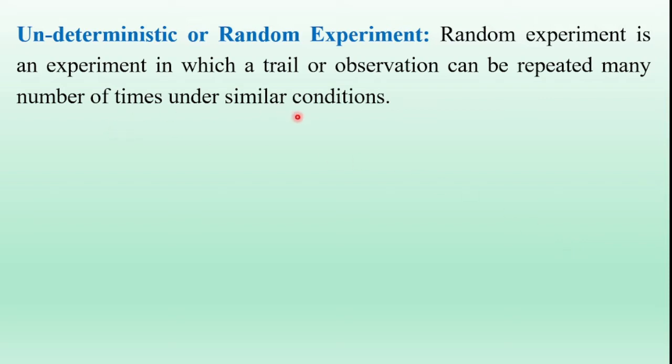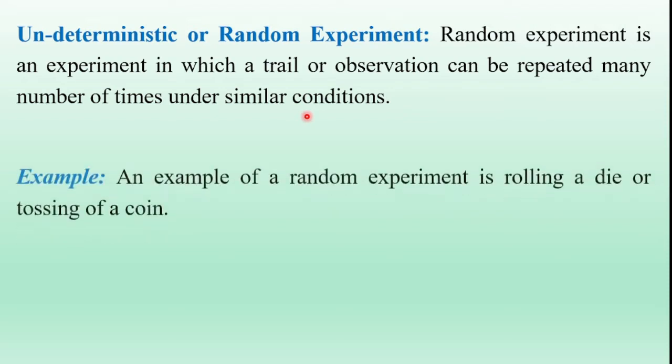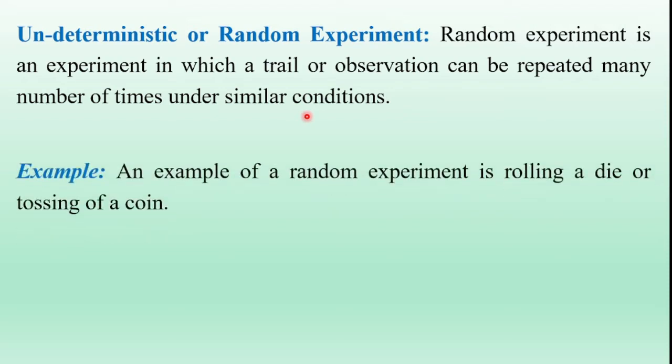A random experiment is an experiment in which a trial or observation can be repeated many times under similar conditions. The outcome of an individual experiment is independent and identically distributed. The outcome of an individual random experiment is not affected by a previous outcome. These are different definitions of the undeterministic or random experiment.